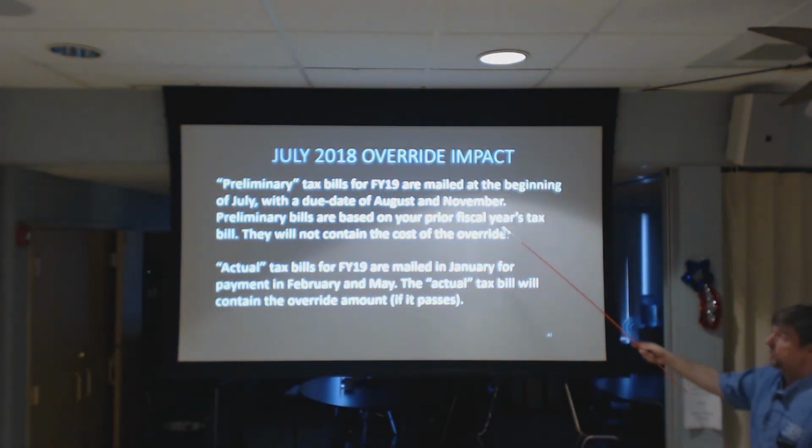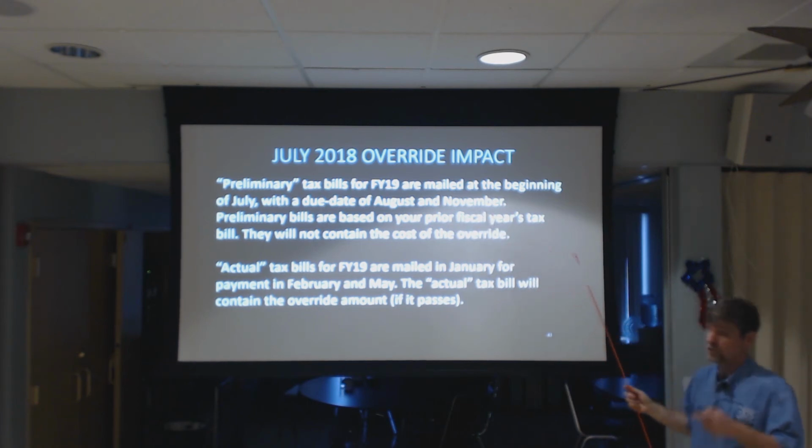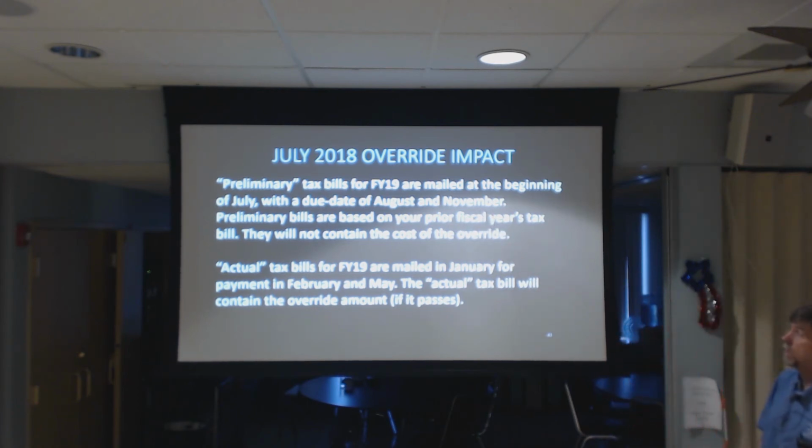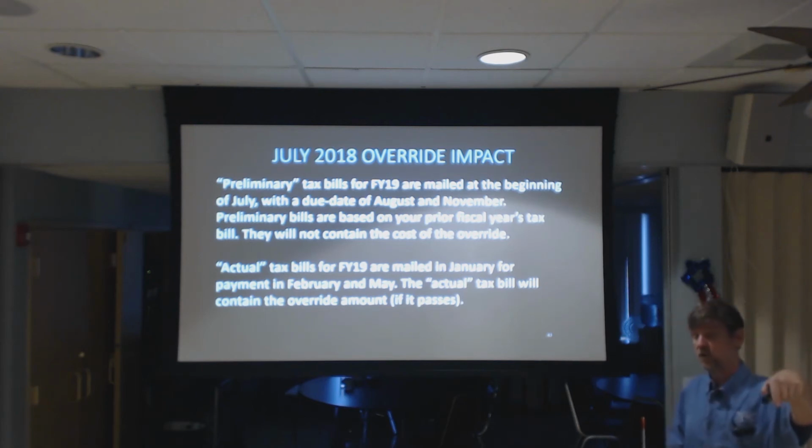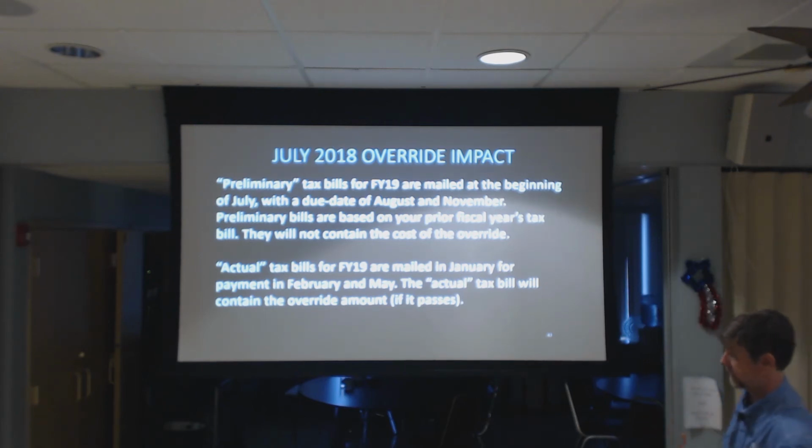Preliminary tax bills just went out. You should have them by now. They're based upon the fiscal year 18 tax bill. It does not contain the override, nor the school bond, nor the capital exclusion dropping off.